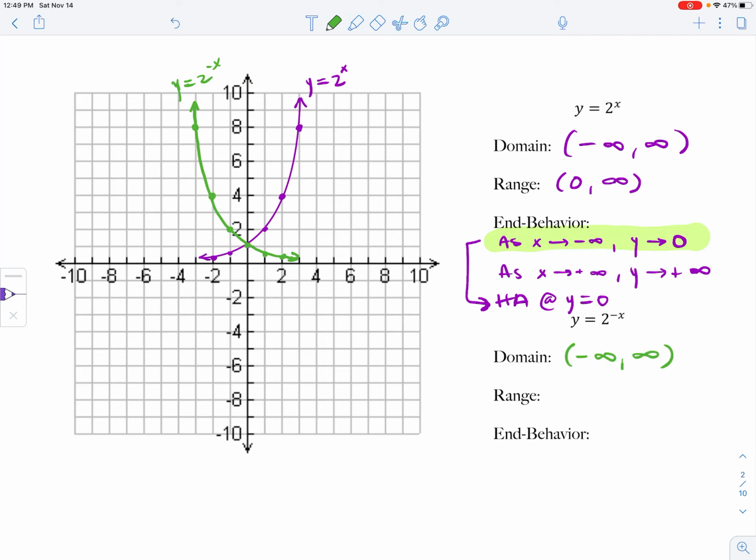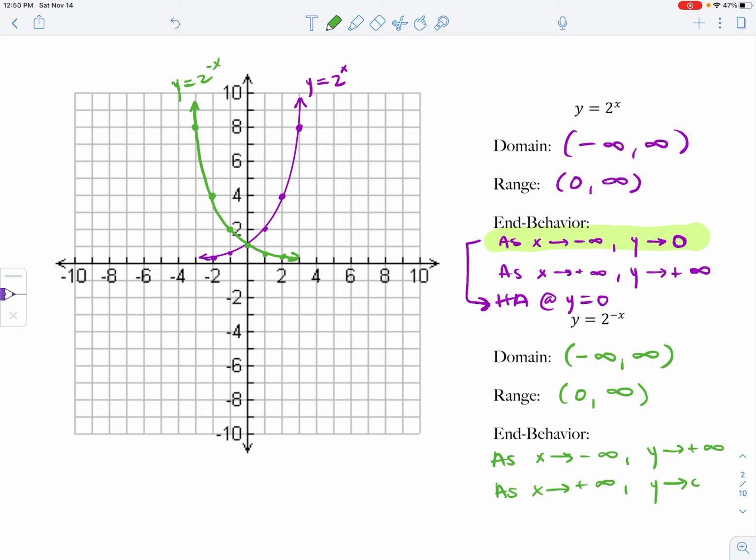And then for y equals 2 to the negative x, the domain is also all real numbers. And then the range, for those same reasons, although it's flipped for which direction x approaches infinity, will end up being also from 0 to positive infinity. But for end behavior, we would say as x approaches negative infinity, y is approaching positive infinity.